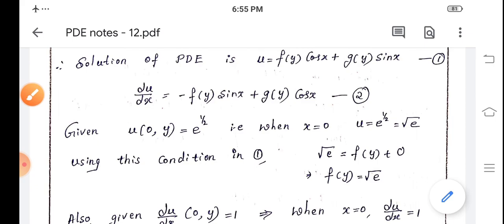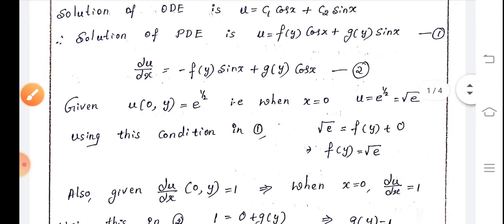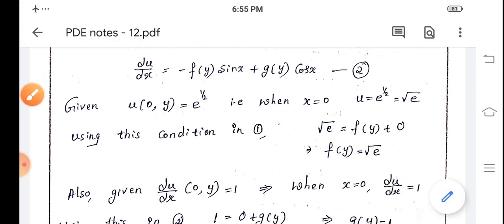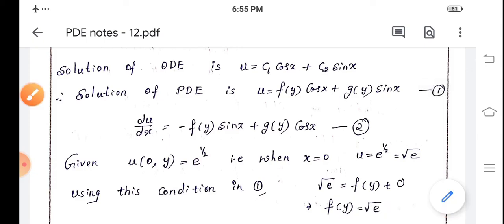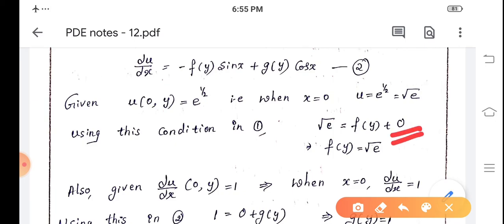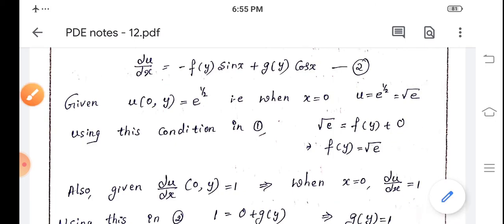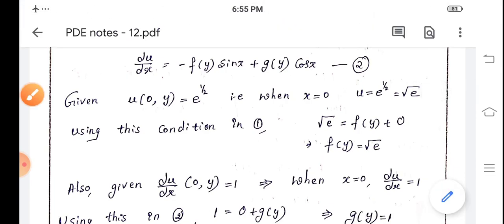So using this condition in equation 1, we write root e is equal to, on the right hand side we put x = 0, that is f(y) into cos 0, which is 1, so f(y), plus the next term is 0, because we have the sine function, sin 0 is 0. Now we obtain f(y) = square root of e.